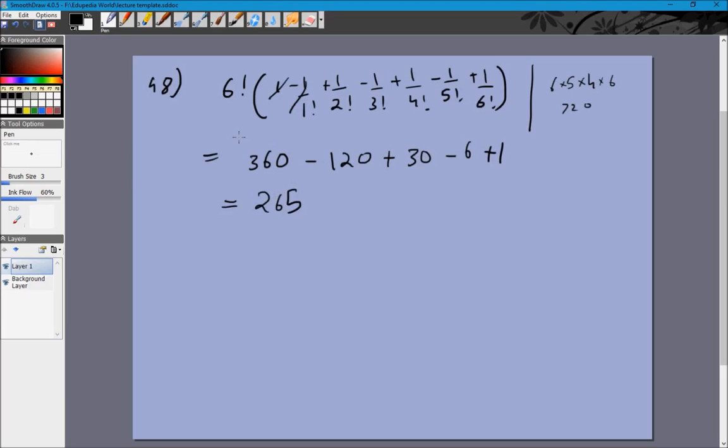So 265 is the total number of ways to derange this complete system, which means to put them into envelopes such that no card matches its envelope. But we are given another condition, that card 1 is always placed in envelope 2. Now if you have envelopes 1, 2, 3, 4, 5, 6 and you derange it, then 1 can go into either 2, 3, 4, 5 or 6. It can't go back into 1.